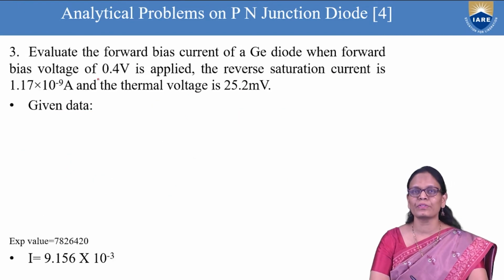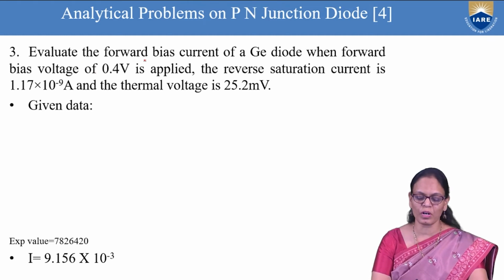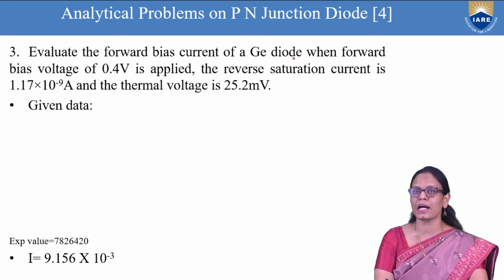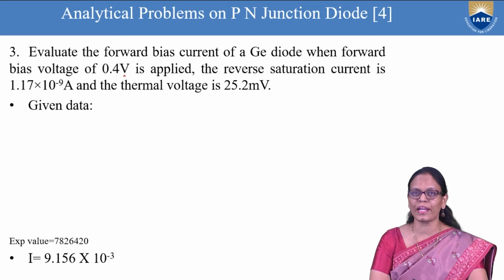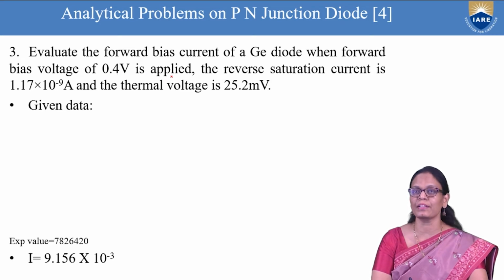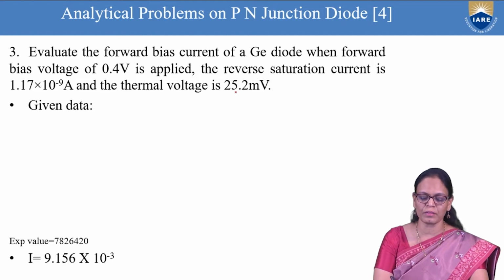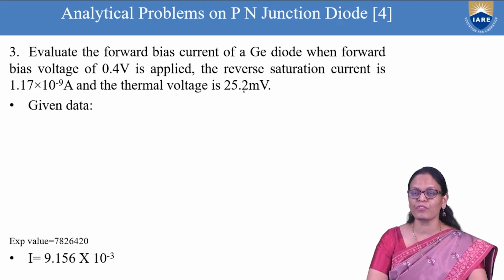Now we'll do the third problem. Evaluate the forward bias current of a germanium diode when a forward bias voltage of 0.4 volt is applied, the reverse saturation current is 1.17 into 10 power minus 9 ampere, and the thermal voltage is 25.2 millivolt.